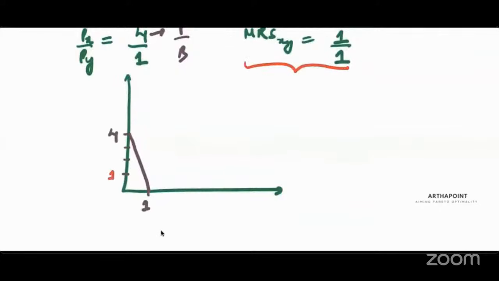So perpendicular is 1 and base is also 1. So you get it like this. So clearly this becomes steeper and this becomes flatter. Whichever line has a lower slope will be flatter. Whichever line has a higher slope will be steeper.